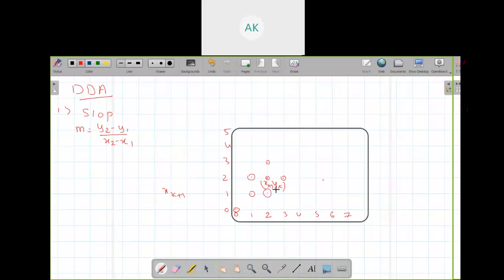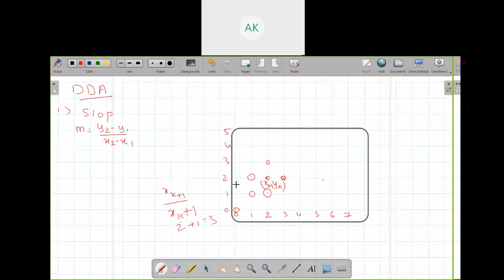So xk with subscript k plus 1 means we are talking about the next point. xk is your current point, and xk plus 1 means this point, where we are moving in the horizontal direction. Suppose your xk is 2, so the next point will be 3: the current value 2 plus 1 is 3.